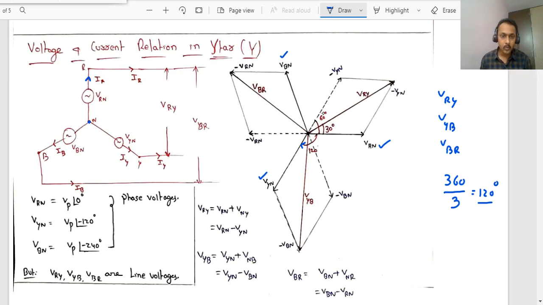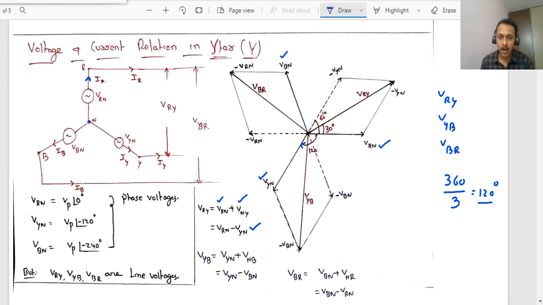Now VRY will be how much? It is nothing but simply VRN plus VNY. Now VNY is nothing but minus VYN. Therefore, VRY is equal to VRN minus VYN. It is the vector sum VRY equal to VRN plus VNY.